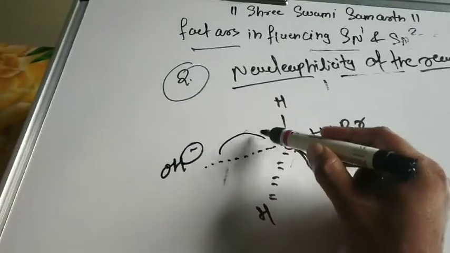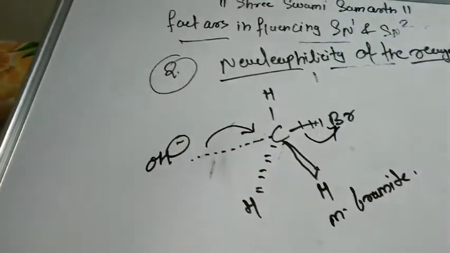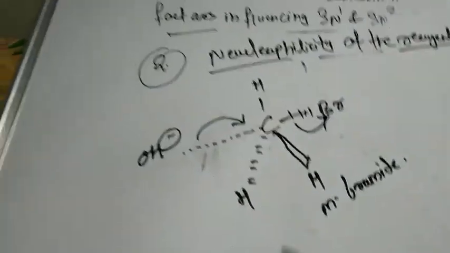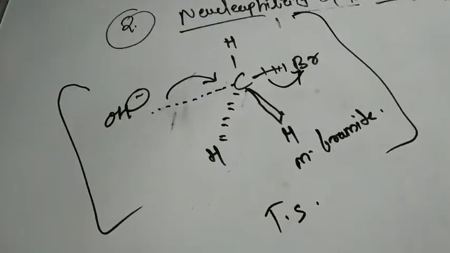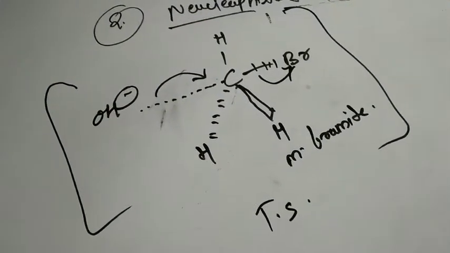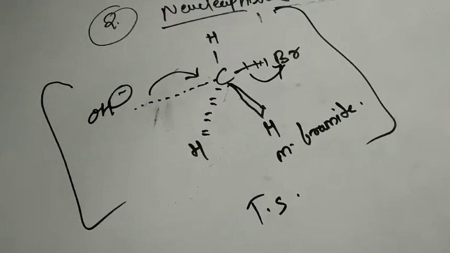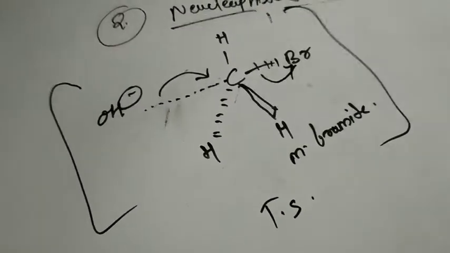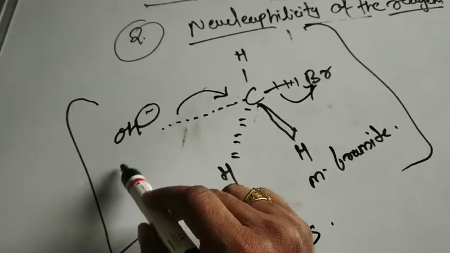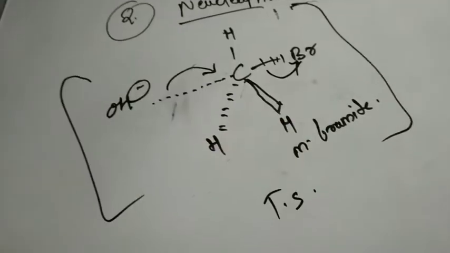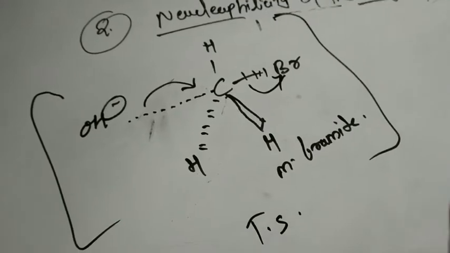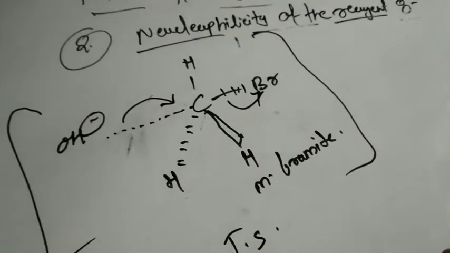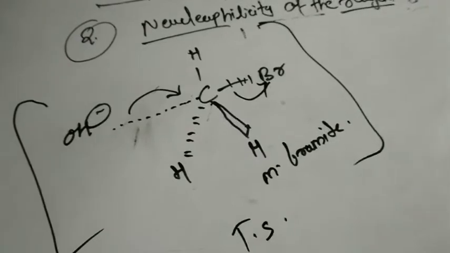So making and breaking of the bond is going on simultaneously, and it forms a transition state that is called the pentacoordinate state or pentacoordinate mechanism, right? So here the OH minus is attacking the alkyl halide in step number 1 only. That is why we say that the nucleophile in the case of SN2 is a very strong nucleophile, right?